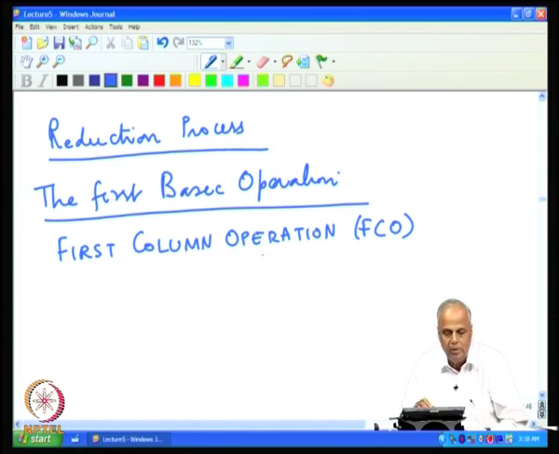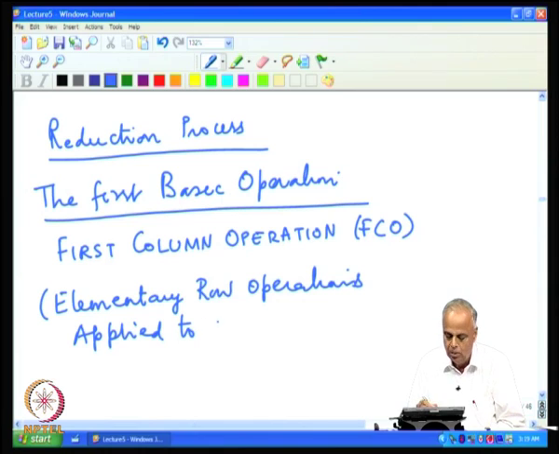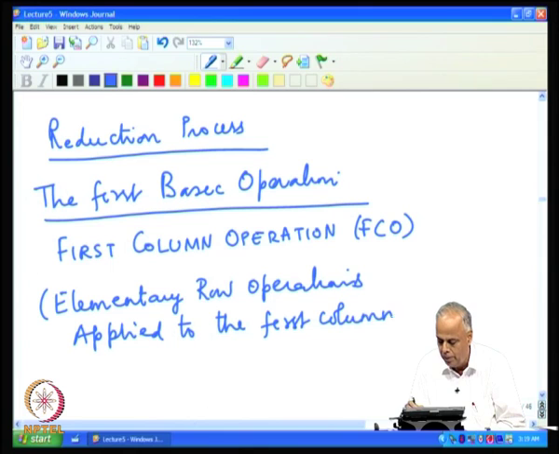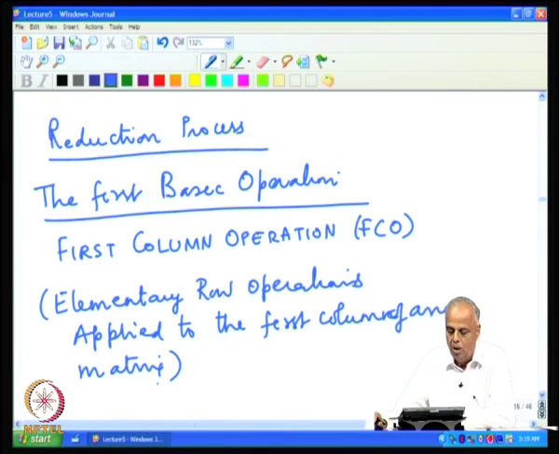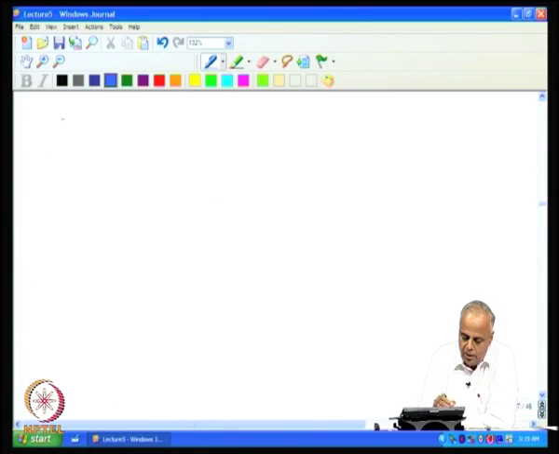So, it will be an elementary row operation, it may be a number of them, applied to the first column of any matrix. Given any matrix, we apply this operation on it. It is a set of operations, all of them are elementary operations. So, what is this operation? We will call it FCO, the first column operation.